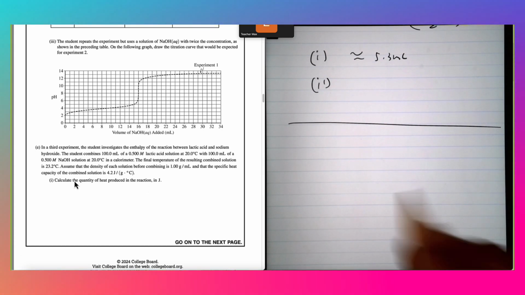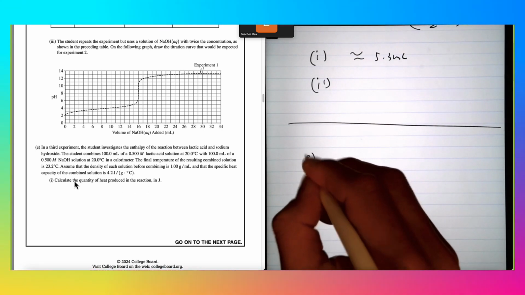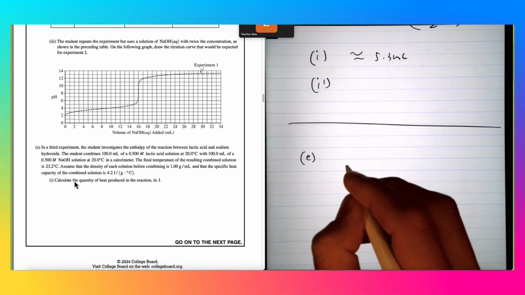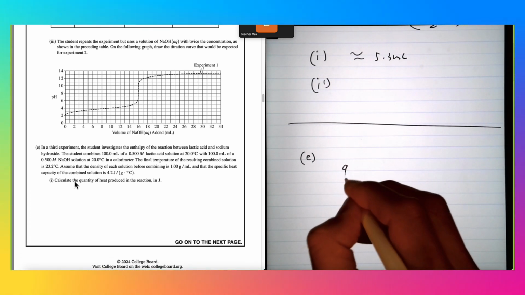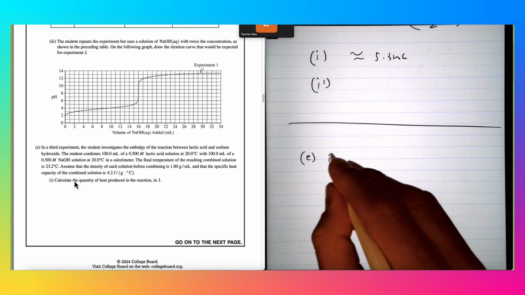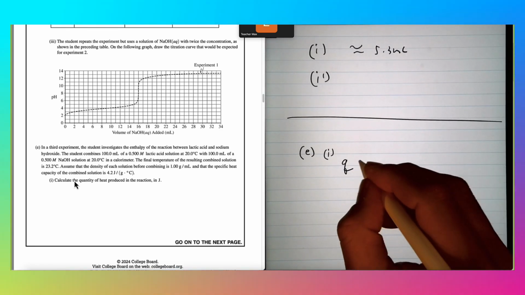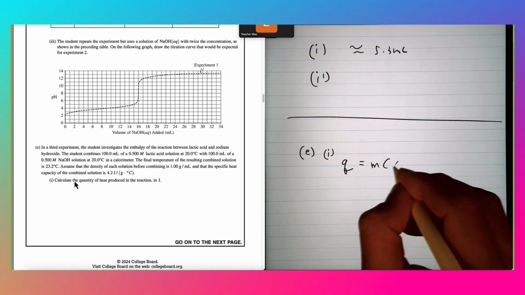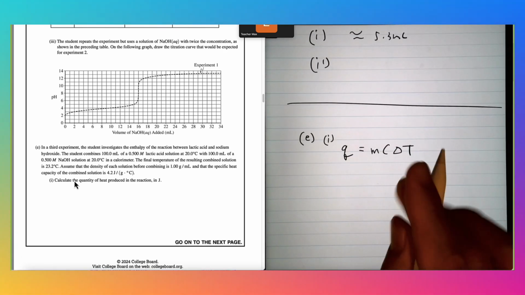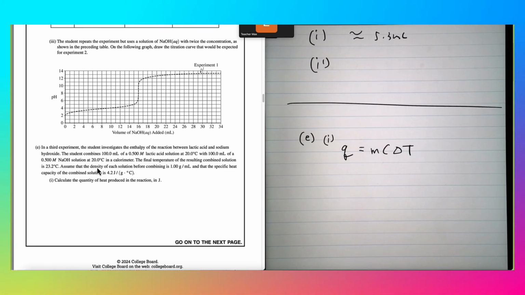So the goal is to find the quantity of heat. Now in chemistry, that symbol is Q. Okay, we need to find Q here. Q equals mc delta T. Okay, but the student combined 100 milliliters and 100 milliliters.